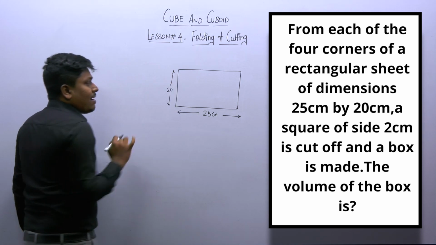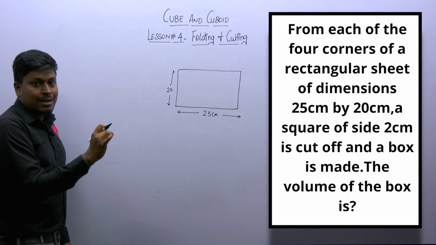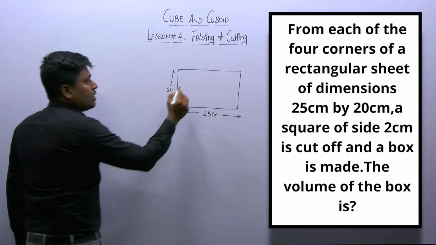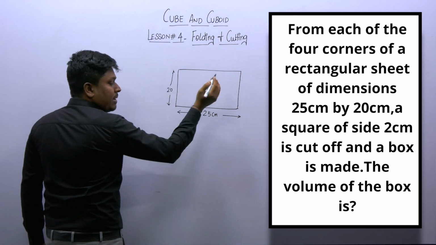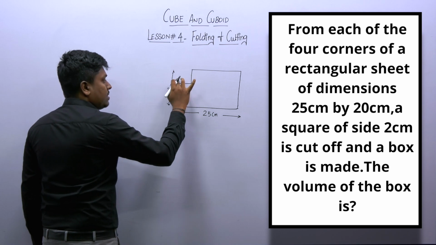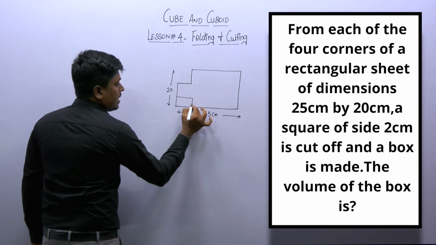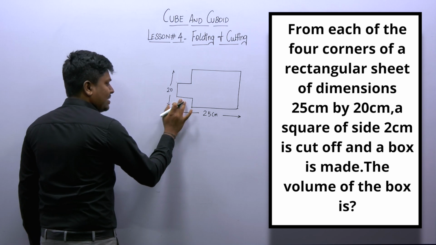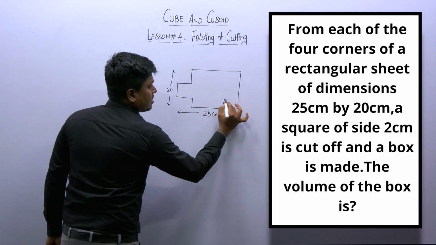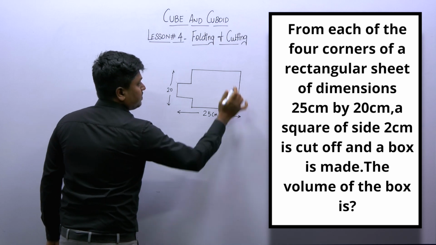So in this rectangular sheet, at the 4 corners, a square of side 2 centimeter was cut off. So here we can say this region will be cut off, right? So this region 2 centimeter, 2 centimeter. So similarly, all the 4 sides, like the previous question, right? The same concept. In the previous question 4 centimeter was cut off, but in this question 2 centimeter was cut off.